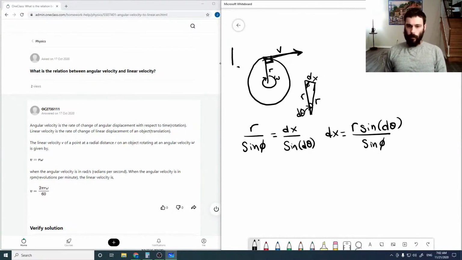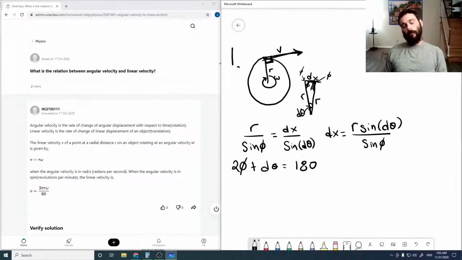Now inside a triangle with both sides r, both these angles are the same, so they both have to be phi, which means that our angle identity is 2 phi plus d theta equals 180.